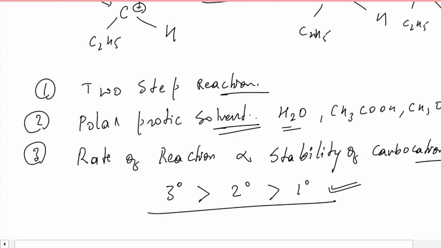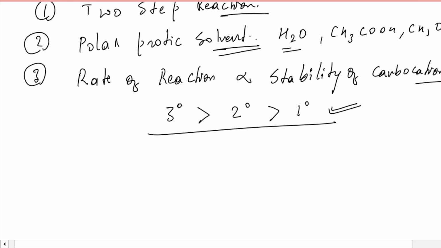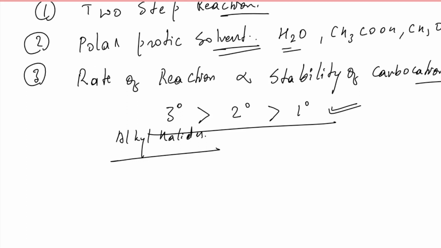So the reaction will be most favorable for the tertiary carbon, then for secondary, and then for primary alkyl halide. For tertiary alkyl halides, the reaction will be most favorable because a tertiary carbocation is formed here, then secondary, and then primary.